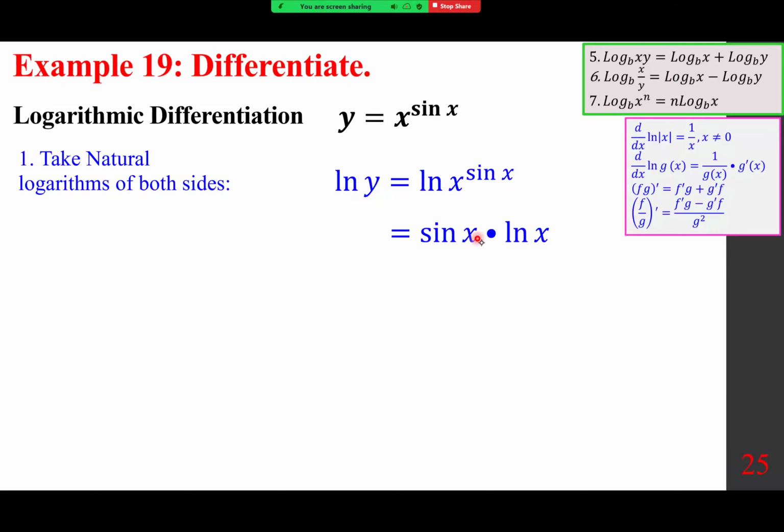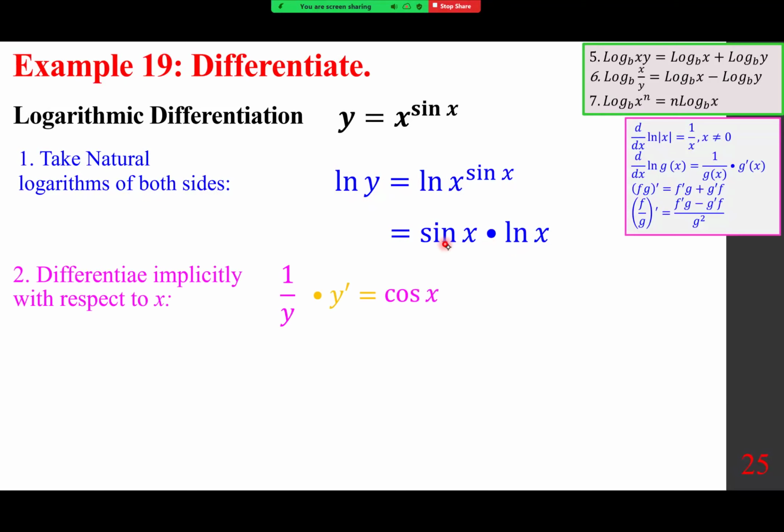and this side. I'm going to do it implicitly, which means ln y gives me 1 over y times y prime. The right side, I use the product rule. Sine gives me cosine times ln x, plus ln x gives me 1 over x times sine x.